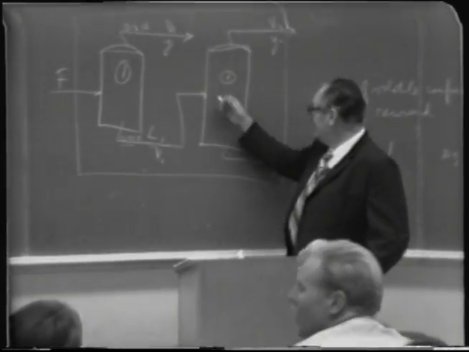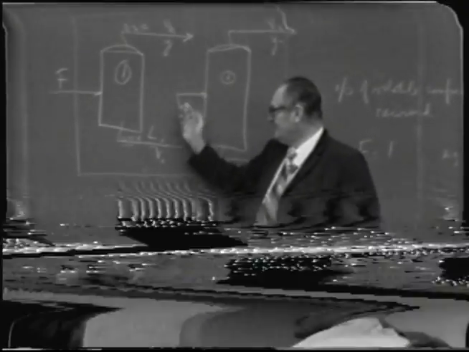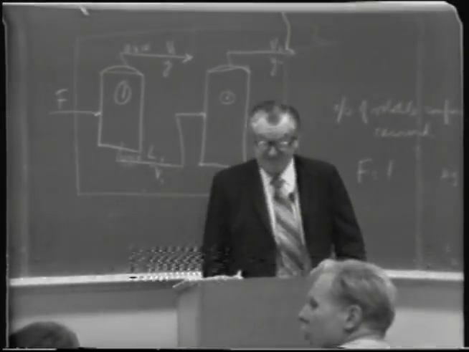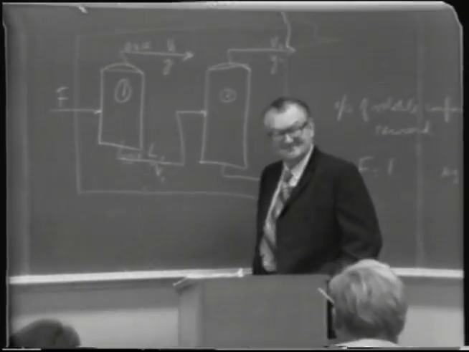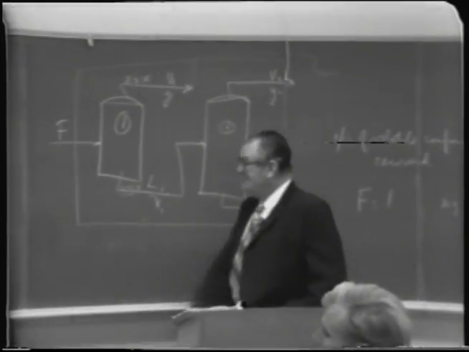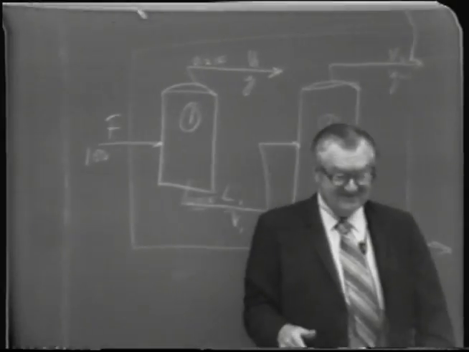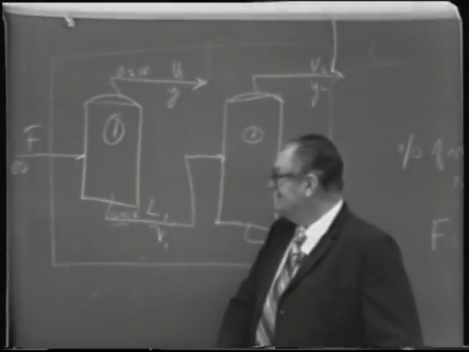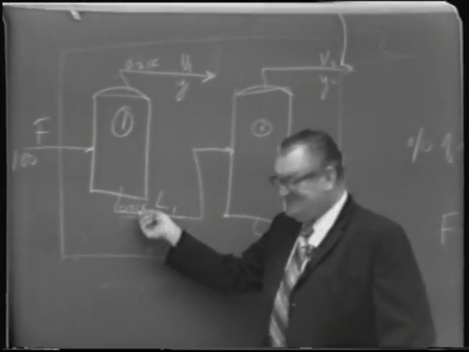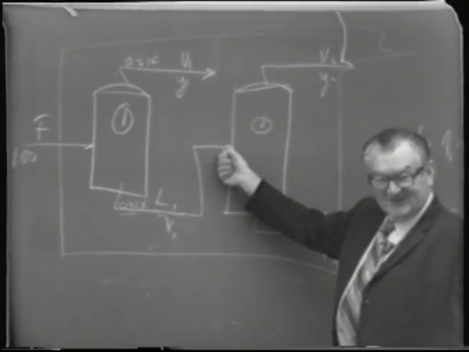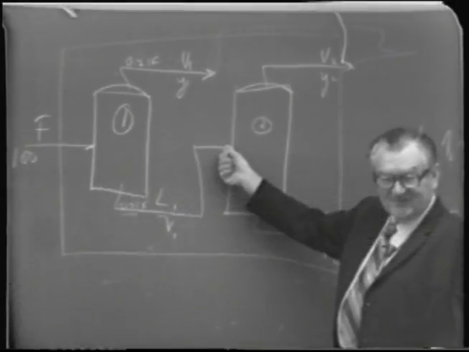Well, in order to get the amount vaporized, you take 35% of 0.75F. Volume, not concentration. If you want to take the base as 100 pounds, that's a pretty good figure. Then you don't worry about fractions if you like. You have 75 pounds here. 35% of that is vaporized, so it's 0.35 times 75.